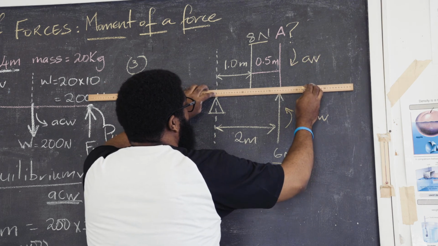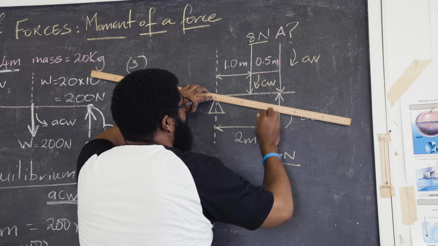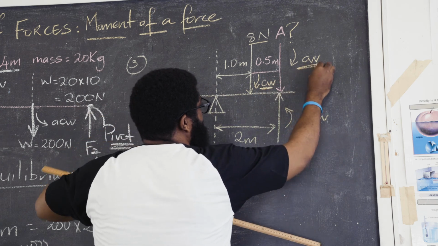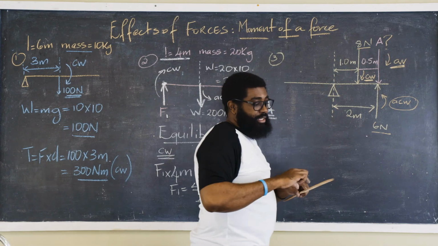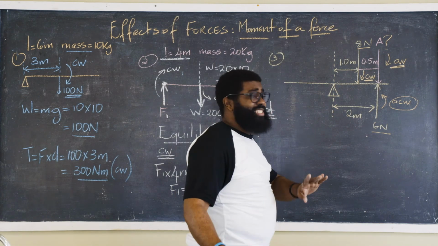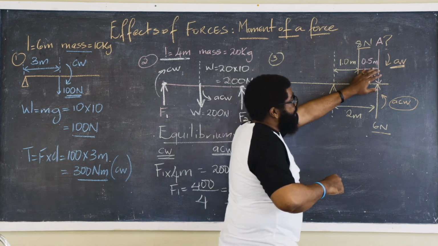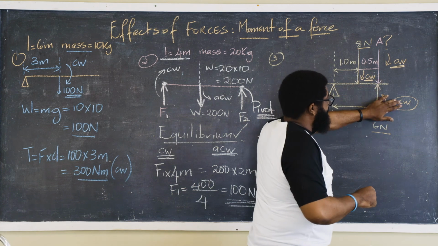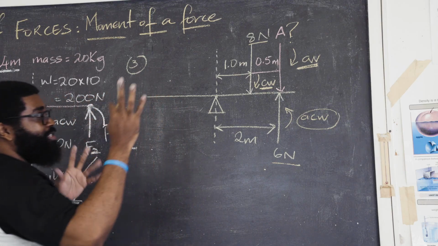And again, I do believe this is clockwise as well. So now we have two forces producing moments in the clockwise direction and one force producing a moment in the anti-clockwise direction. I said forces acting, which was wrong. Forgive me for my sin, O gods of physics.